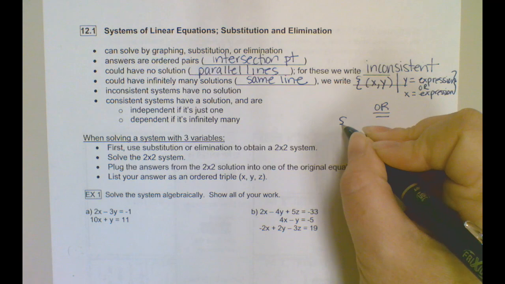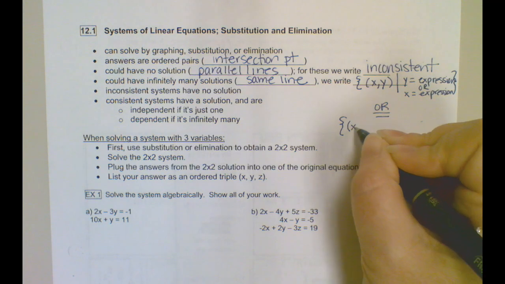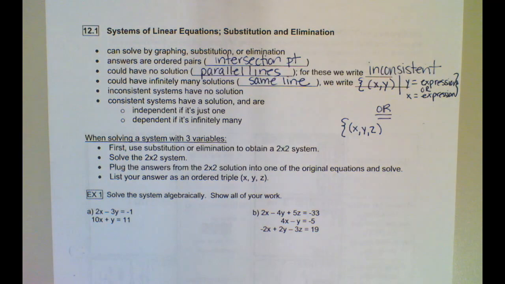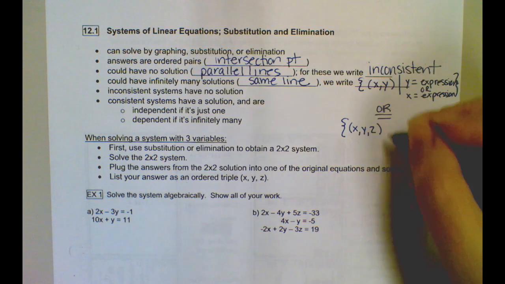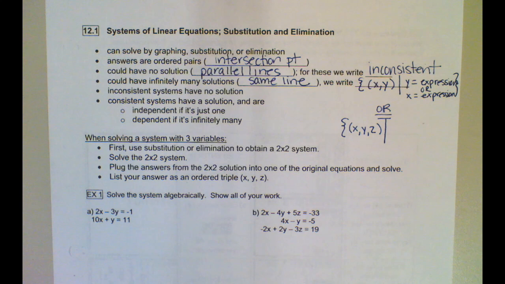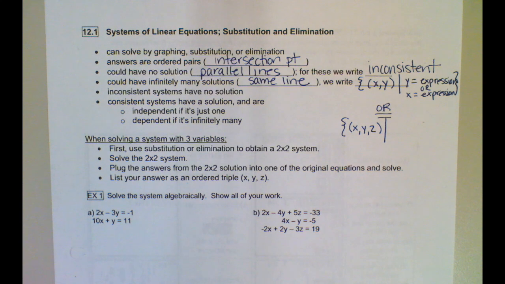For a 3x3 system, the format of our answers are ordered triples. So we would write that on the left side, and then the little such that bar. And then you have to write multiple expressions. It does not matter which variable you use.